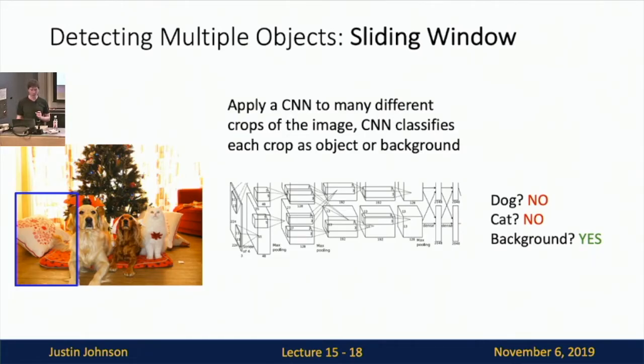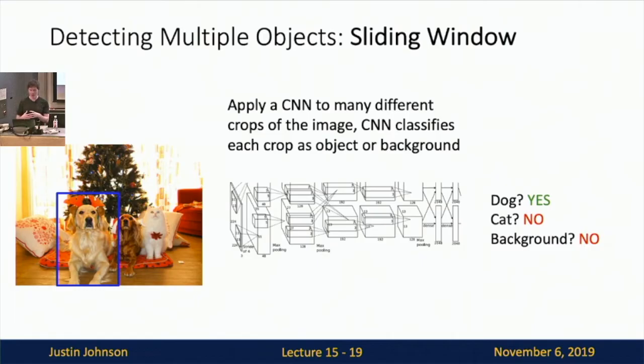So you could imagine if we applied this sliding window CNN object detector to this blue region in the input image, well, there's no object precisely localized by this blue bounding box. So for this image region, our detector should say background, to mean that there is no bounding box in this image region. Then we slide our region over and run it on a different region in the image.